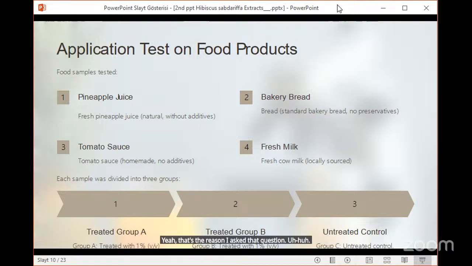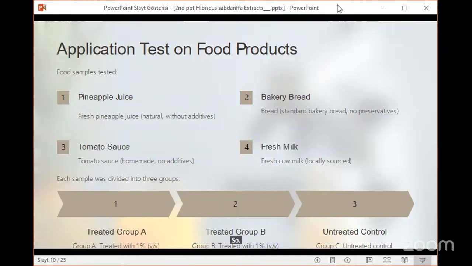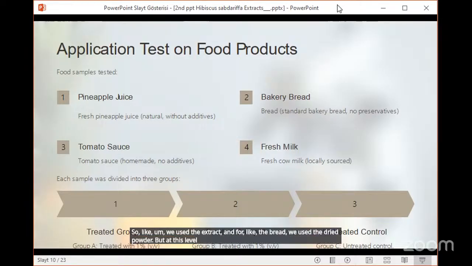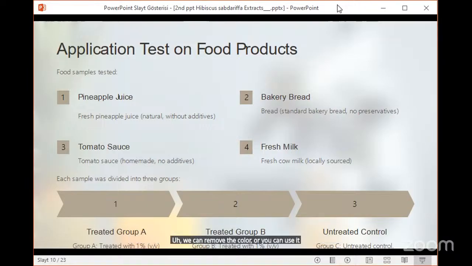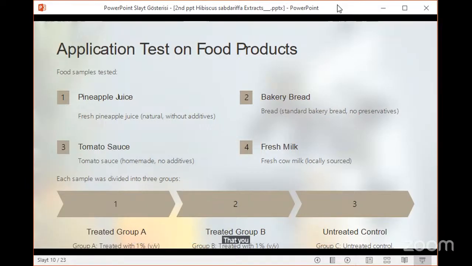Yes. Like I said, this is a preliminary study to test whether it works or not. Definitely there were physical changes to the samples. We used the extract, and for the bread we used the dried powder. At this level, we recommend that in future we test whether we can get the extract, remove the color, remove the flavor, and get it in a form that you can use without affecting the product.